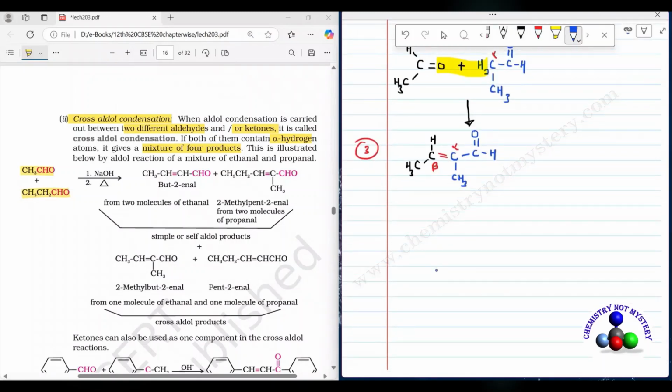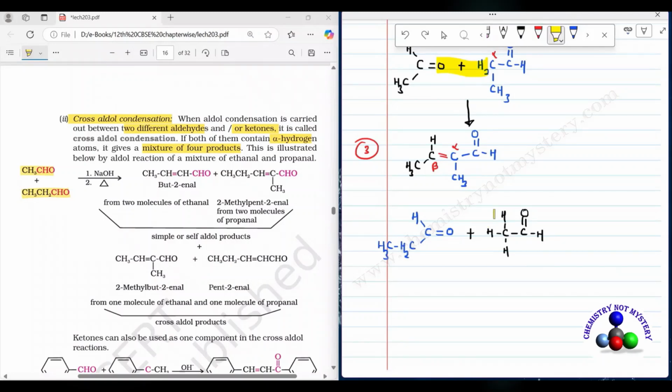Now this time first of all draw the structure of propanal. So let's draw the structure of propanal. C double bond O. One side it is bonded with H, on the other side it is bonded with CH2 CH3. Now draw the structure of ethanal facing alpha hydrogens towards this side. So this is H, C, H, H, C double bond O, H. Now remove a water molecule.